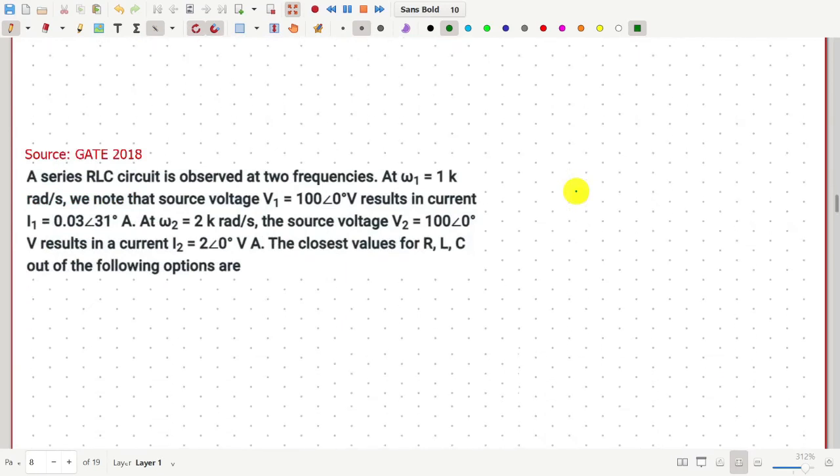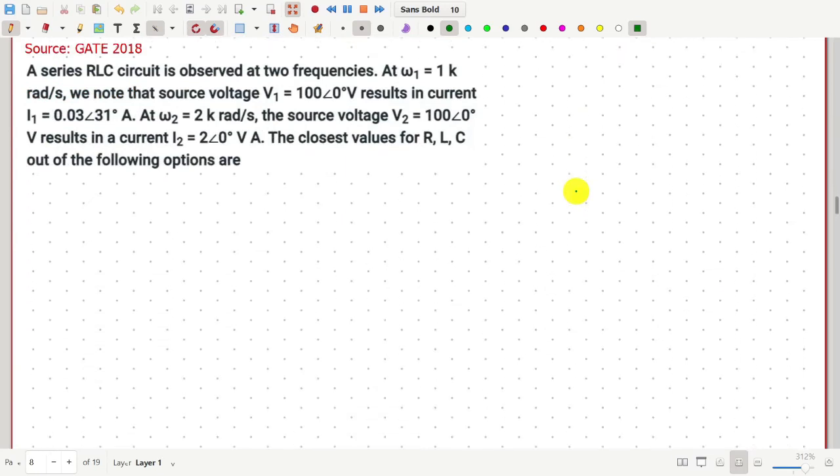Now this is the next question. Here we have a series RLC circuit, R, L and C in series, and this is excited by some AC source.